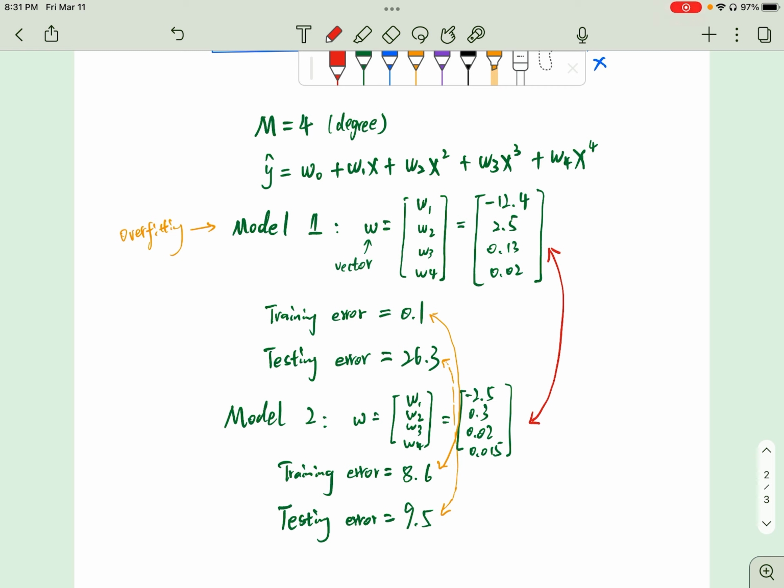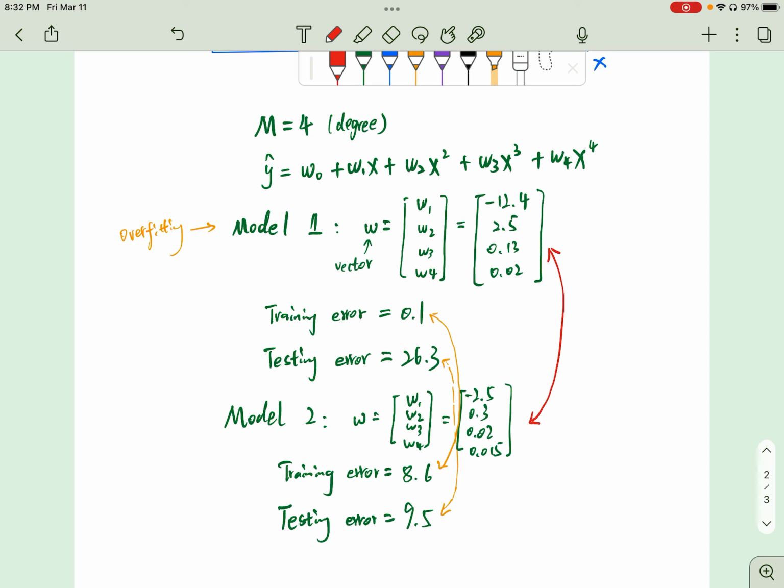This one is overfitted because you can see it has very big weights here. Bigger weights means that this model is very dependent on some feature, on this feature.